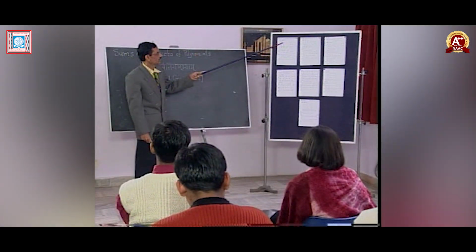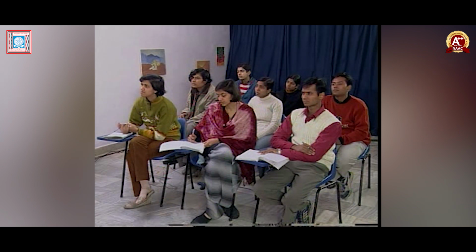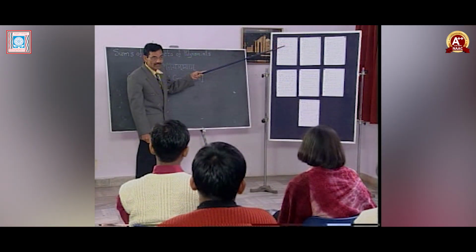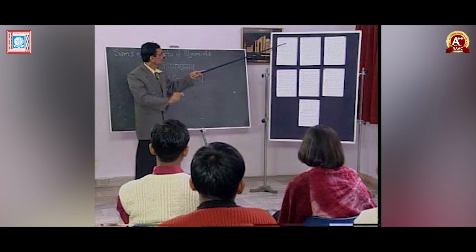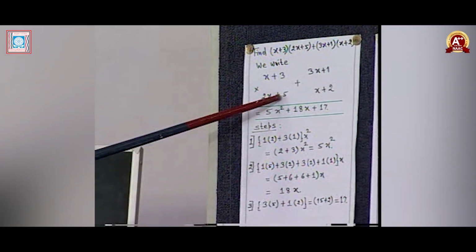Now the third step is vertical multiplication of the last terms in both the cases, and then add simultaneously. It is 3 into 5 plus 1 into 2, that is 15 plus 2, that is 17.